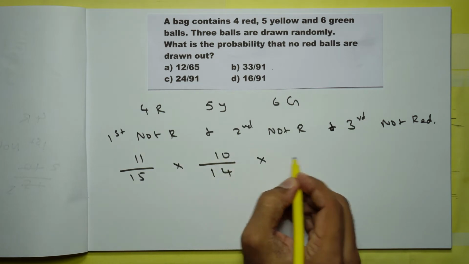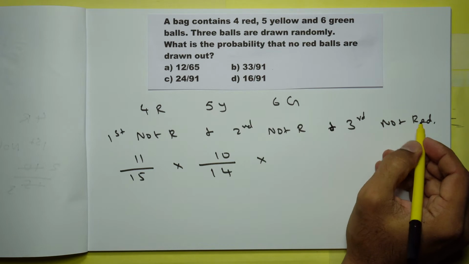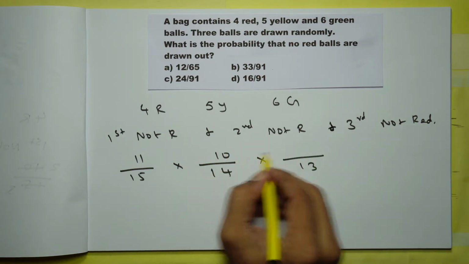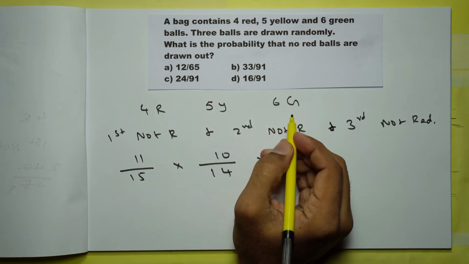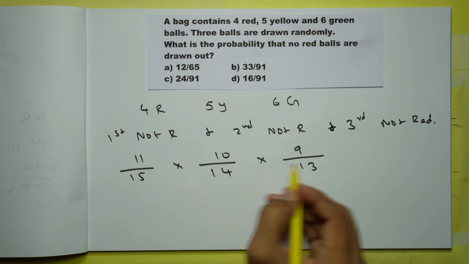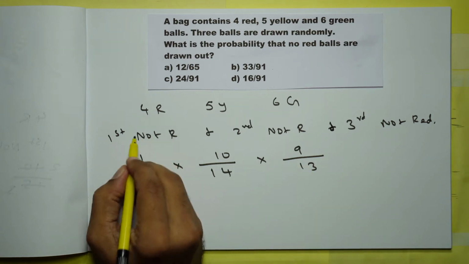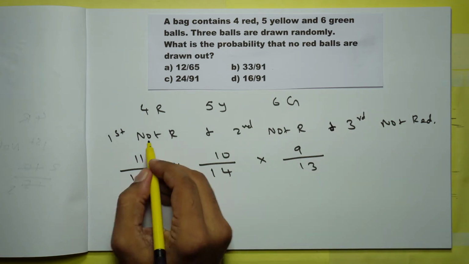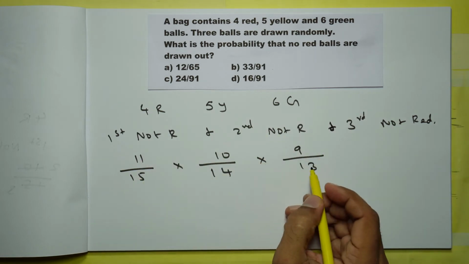Next we'll find out the probability that the third one is also not red. So remaining 13 balls are there and 9 balls are there which are not red because 2 balls are already taken here. So this and this and this. So red ball is not taken the first time, not the second time and not the third time. This and this and this, so we have to multiply.